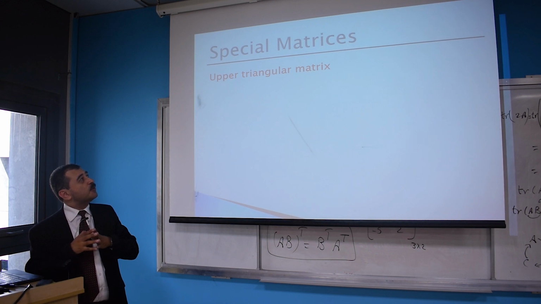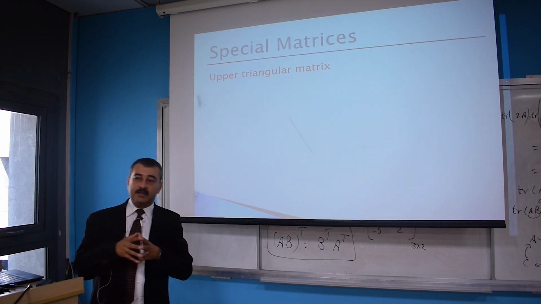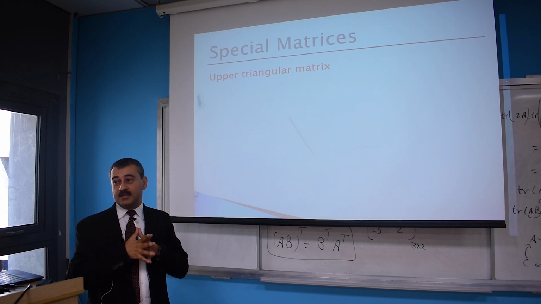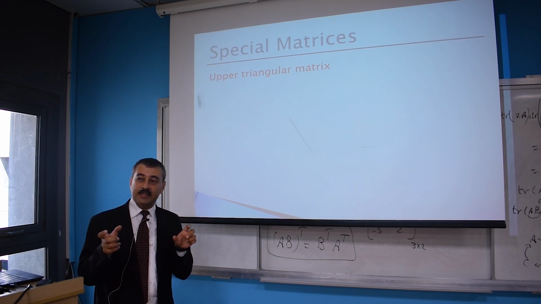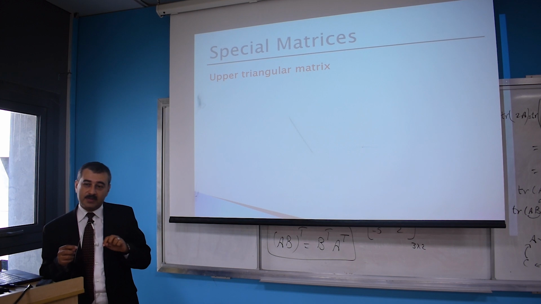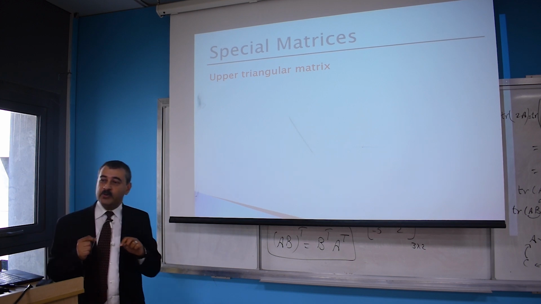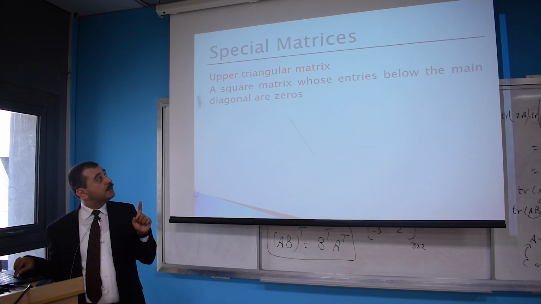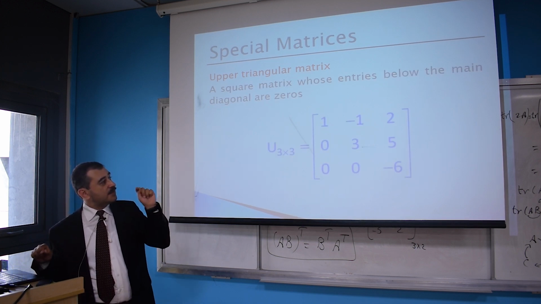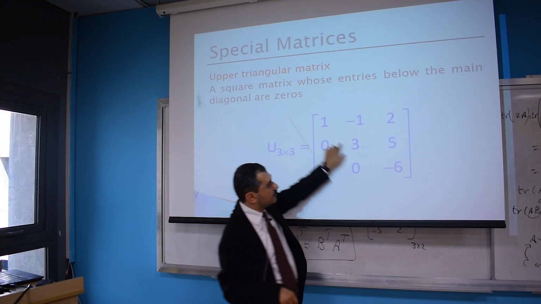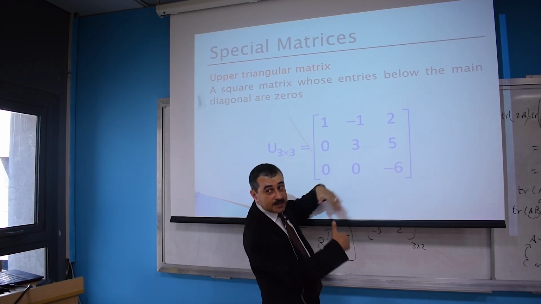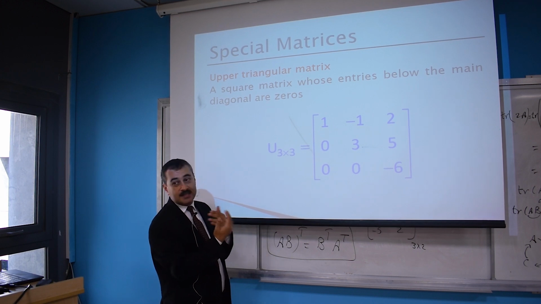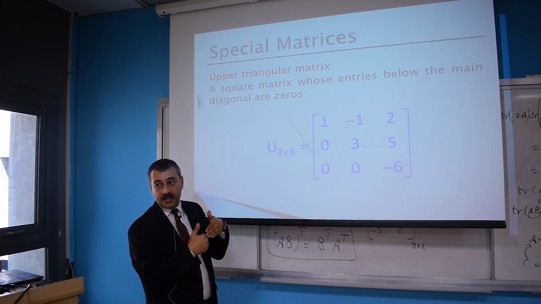Let's define what is called an upper triangular matrix. We call a matrix an upper triangular matrix if it is a square matrix first, with zeros below the main diagonal, which means that the non-zero entries are on the diagonal and above.